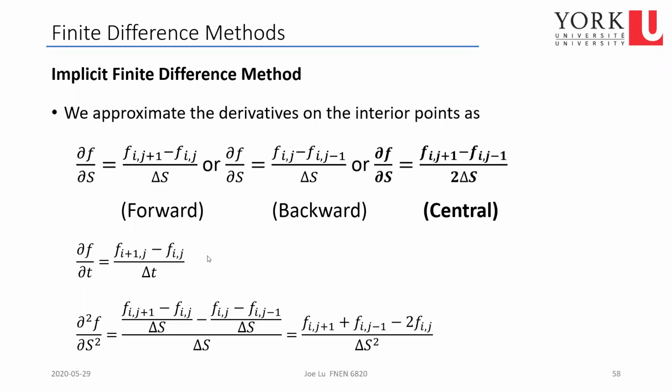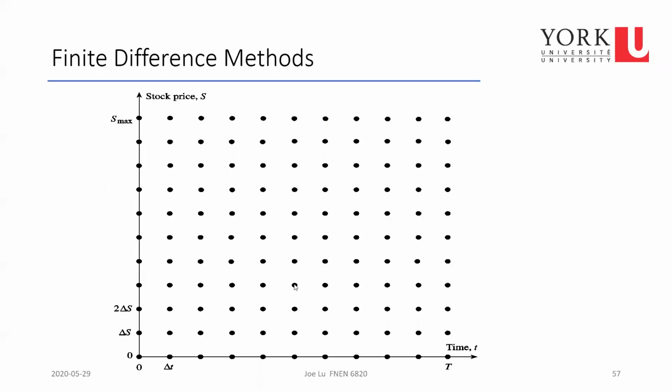For delta t, for each time point, it is the f at the time to the right minus the f at the time to the left, divided by delta t. So it will be an f value here minus f value here divided by delta t, which will give us the partial derivative with respect to time at this point.